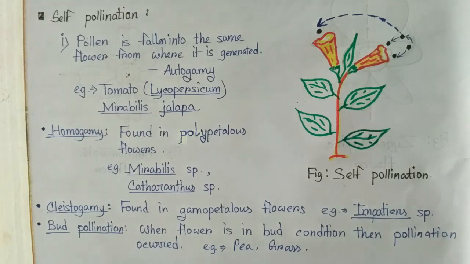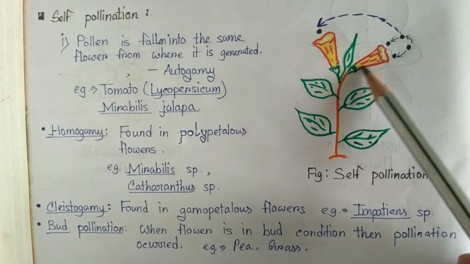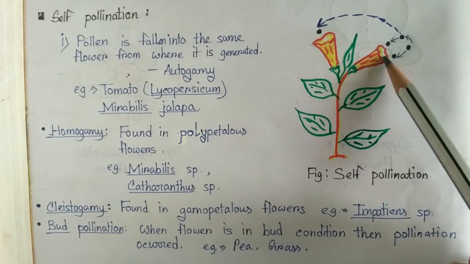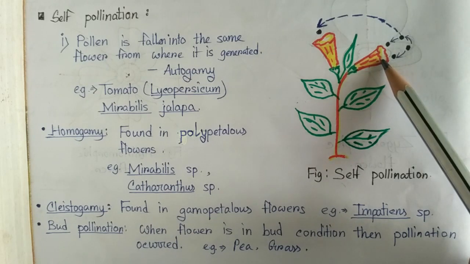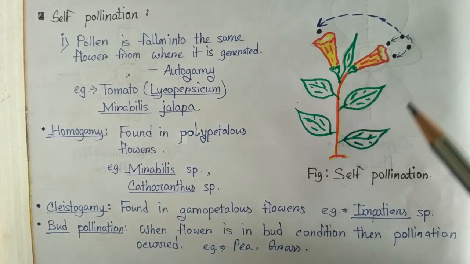I can't go outside of my house. So you have to understand it through the diagram. This is an example of a gamopetalous flower. See, here is no separation between petals. So it is a gamopetalous flower. Example, Impatiens species.